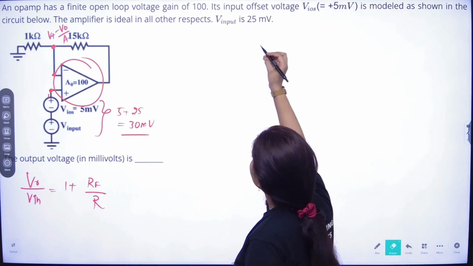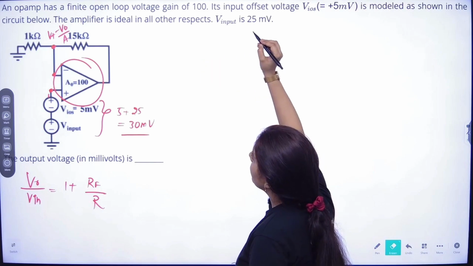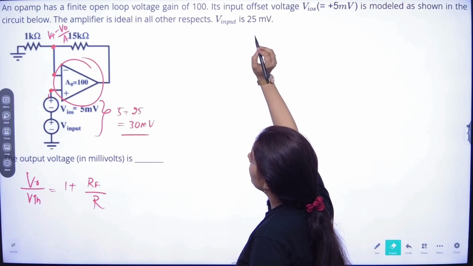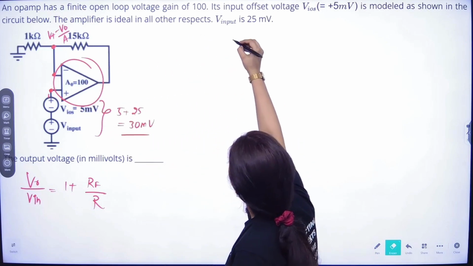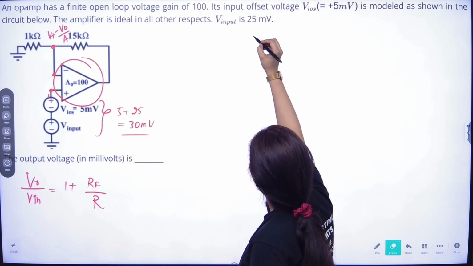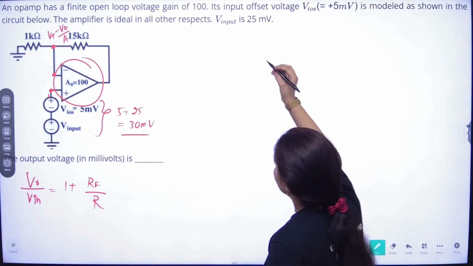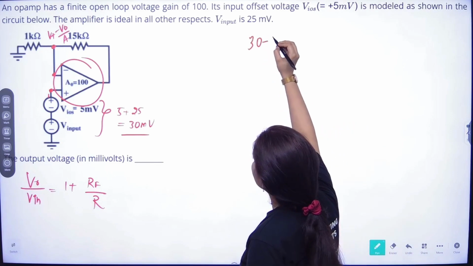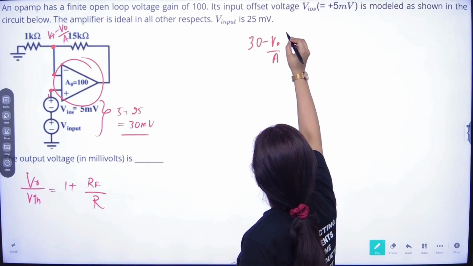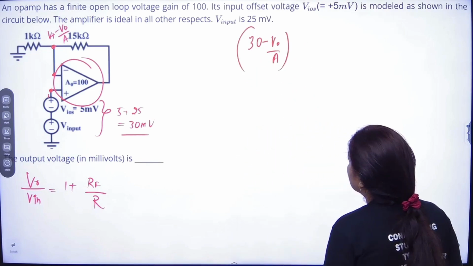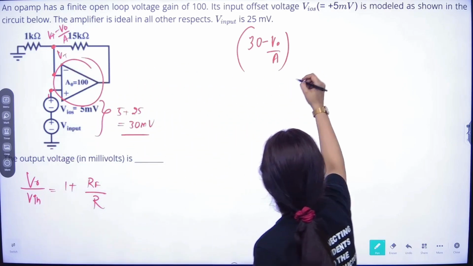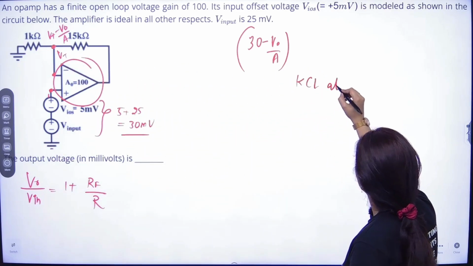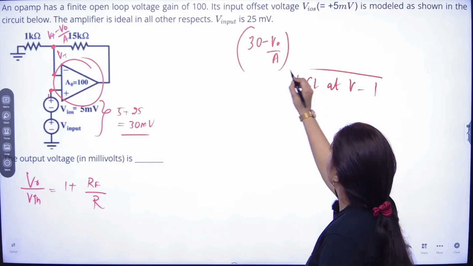Right. So in this case, V positive, we know that it is equal to 30 minus V naught by A. Now we will apply KCL at V negative.